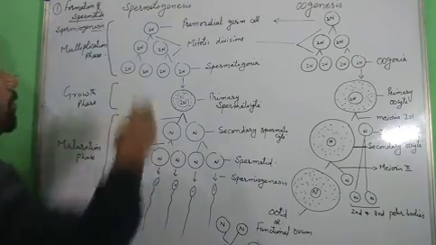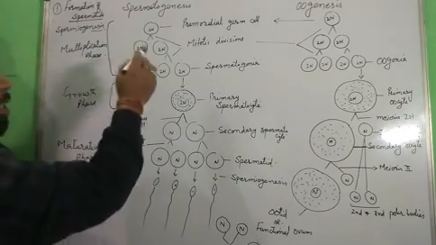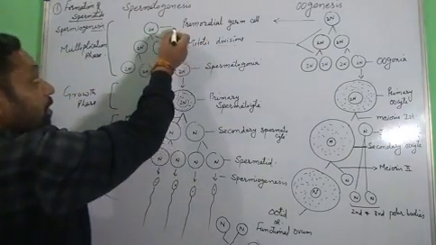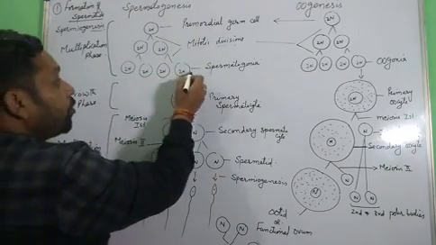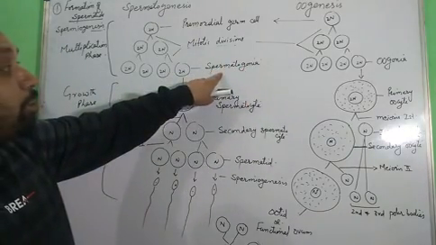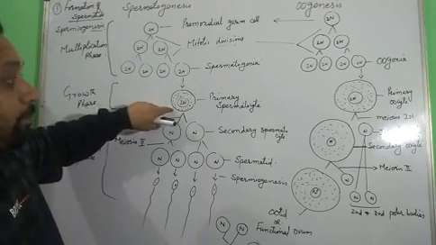Now the multiplication phase involves the repeated mitotic division of primordial germ cells, resulting in the formation of many spermatogonia. Some of the spermatogonia enter into the growth phase.